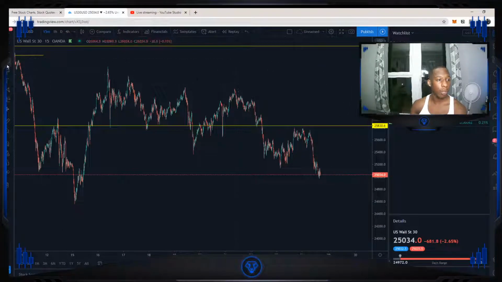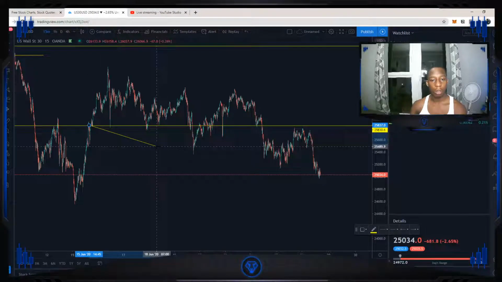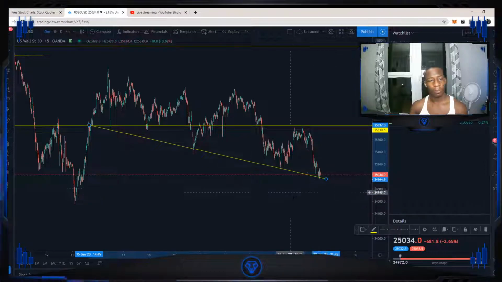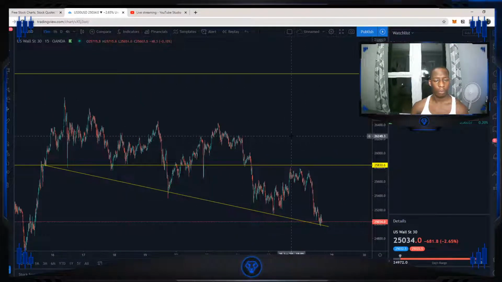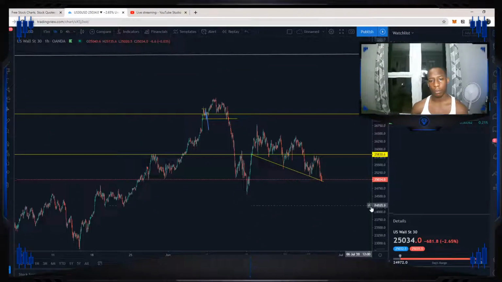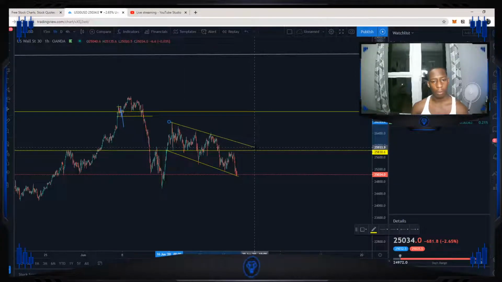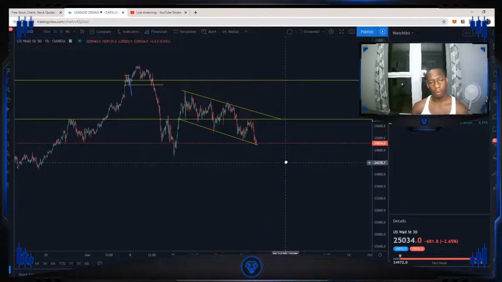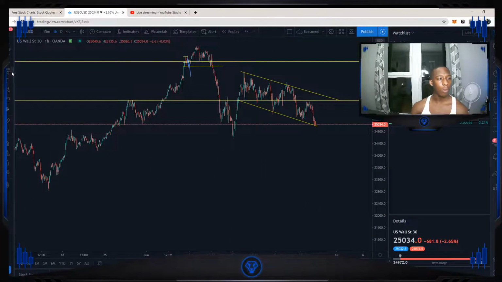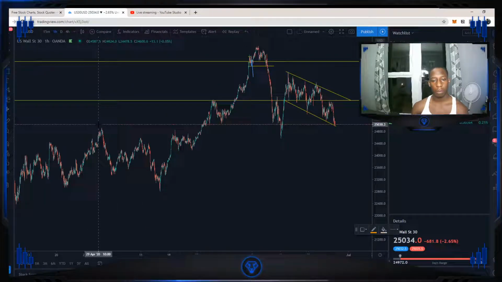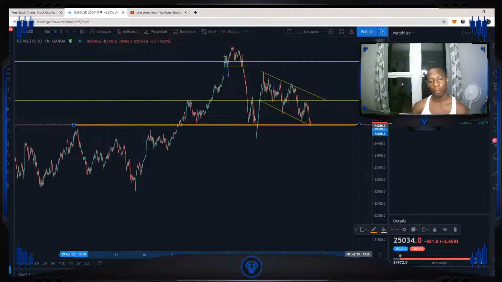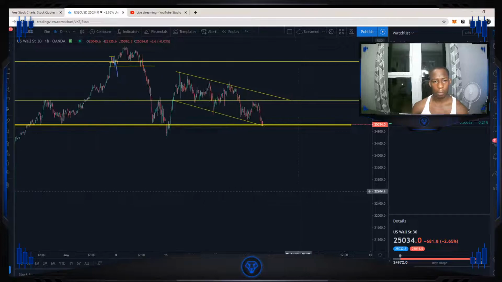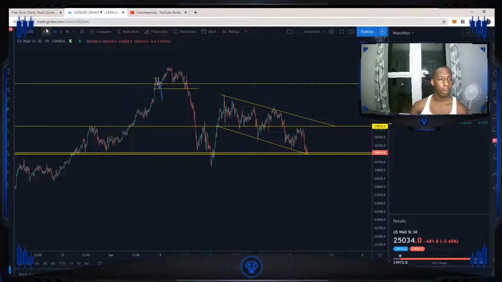EUR USD, I mean US 30, downtrend. Time frame. Alright, cool. 15-minute time frame.